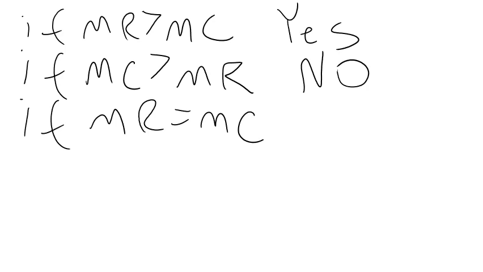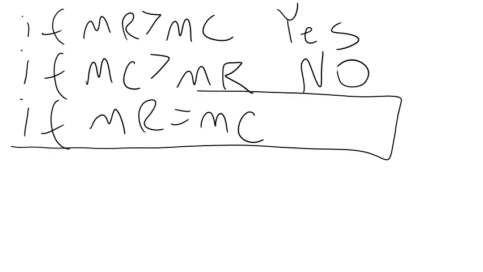This last time around, it did make sense, right? I like to think so. Anyway, if MR is equal to MC, should we produce more? Should we produce less? No, we should be producing the same amount. No more and no less. Produce whatever you're producing, because MR is equal to MC.